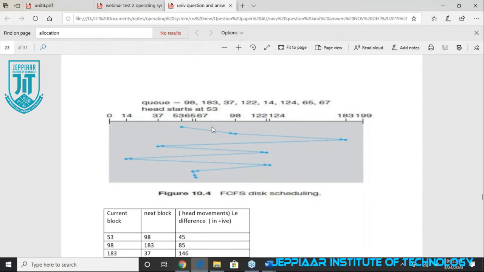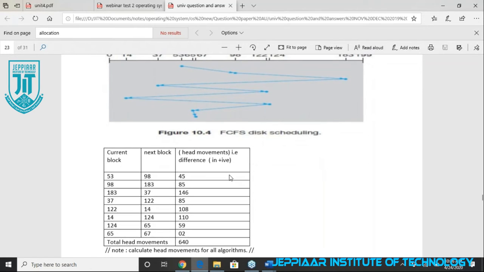So from 53 I go to 98, from 98 to 183, from 183 to 37, then 122, 122 to 14, 14 to 124, 124 to 65, and finally 67. This is the order of reading the disk blocks.